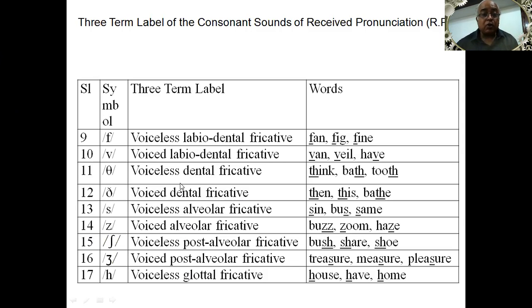It is dental because the tongue comes in between the two pairs of teeth, upper pair and the lower pair, and it's fricative because there's a stricture of close approximation, or there's a narrowing, and there's a lot of friction. If you put your hand in front, you'll see the air is still passing, it's continuing.